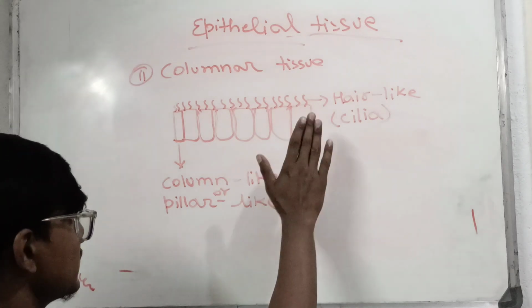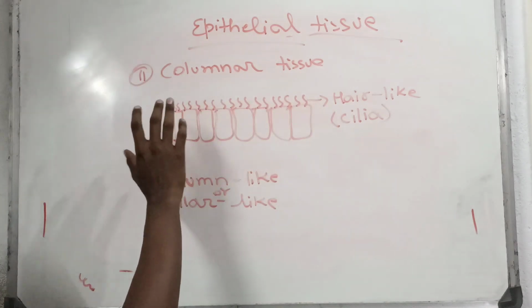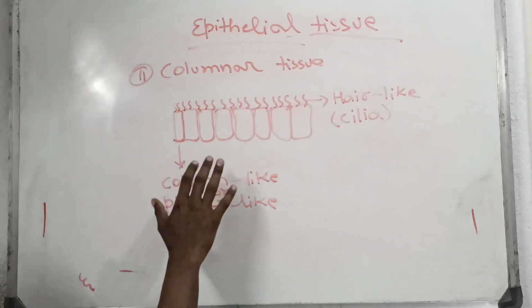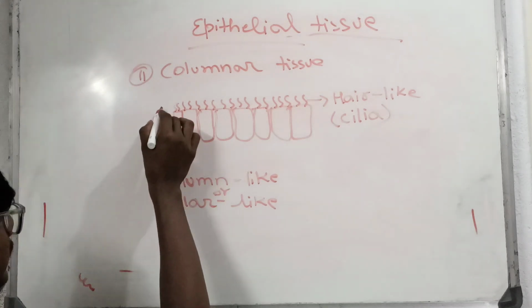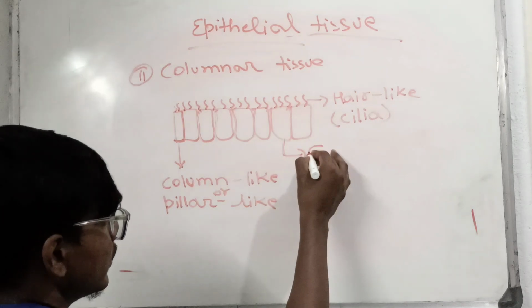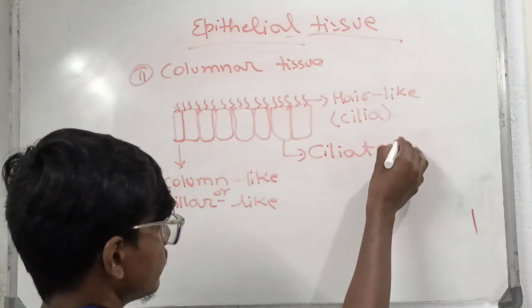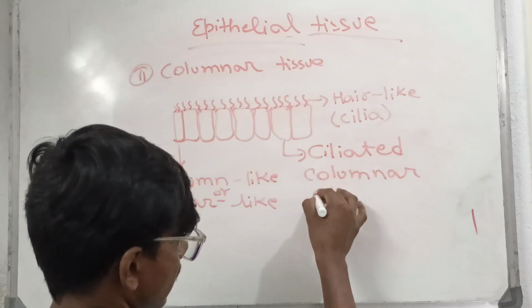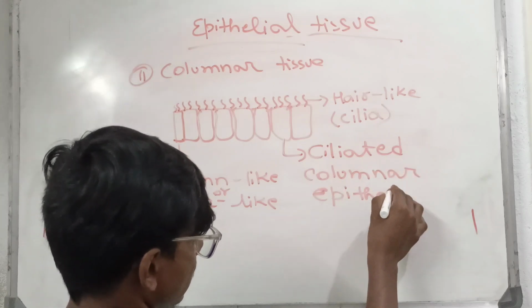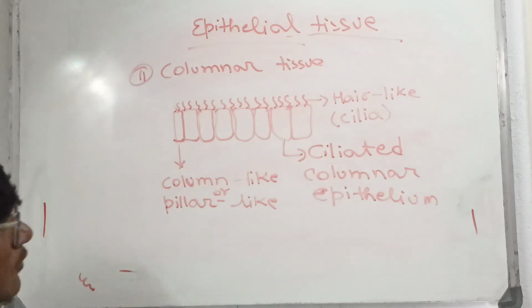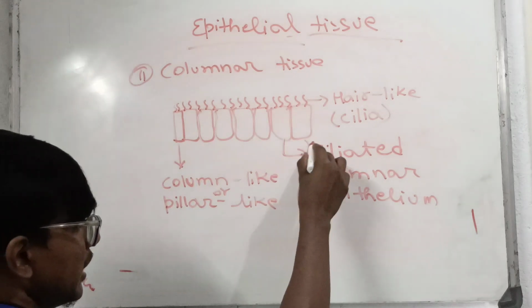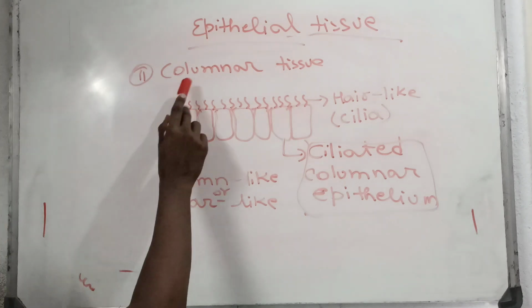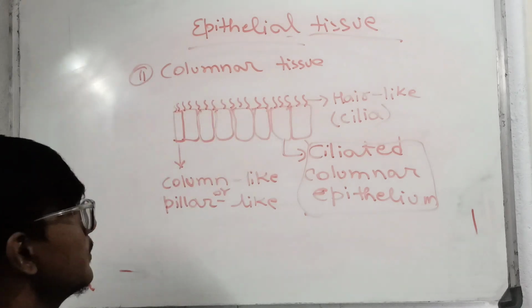Because of the presence of this cilia, one defined name is given to this type of cell: ciliated columnar epithelium. Not all the cells will be like this.